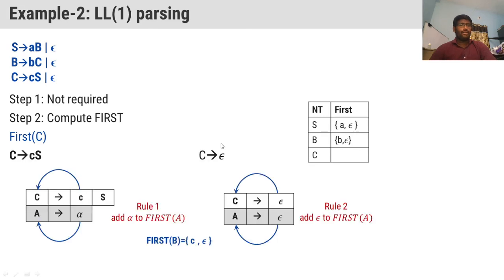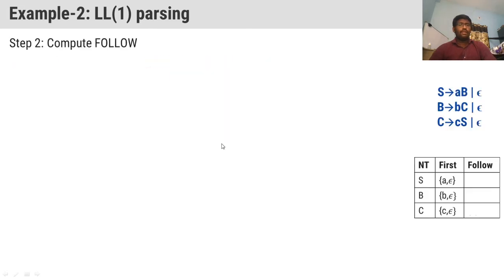Now I am going to take another example. Take this grammar: S implies AB or epsilon, B implies BC or epsilon, C implies CS or epsilon.